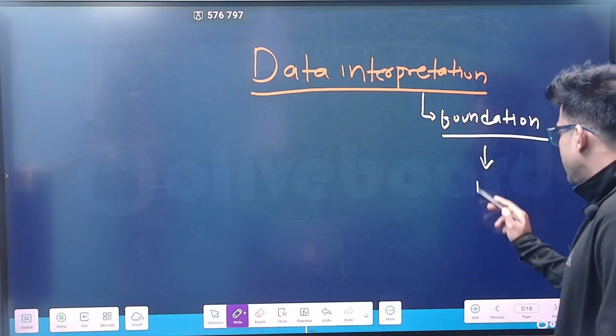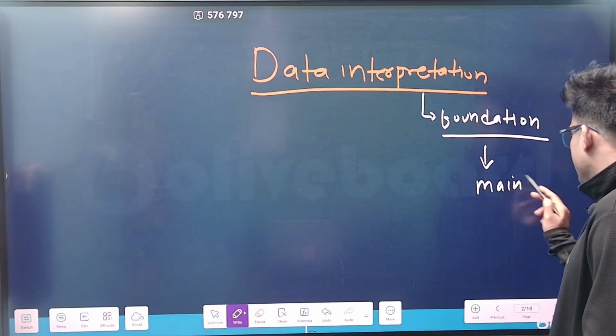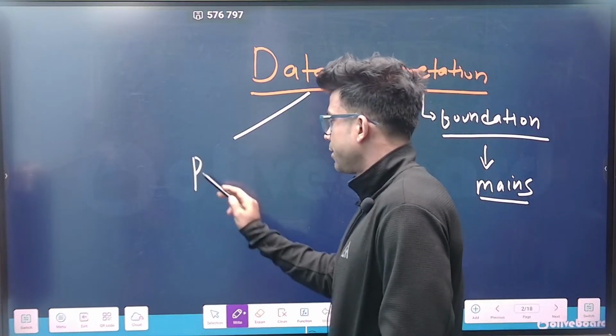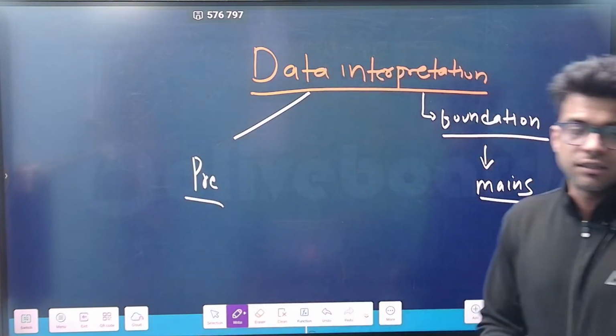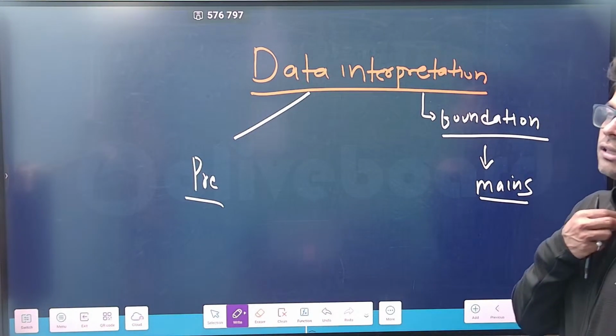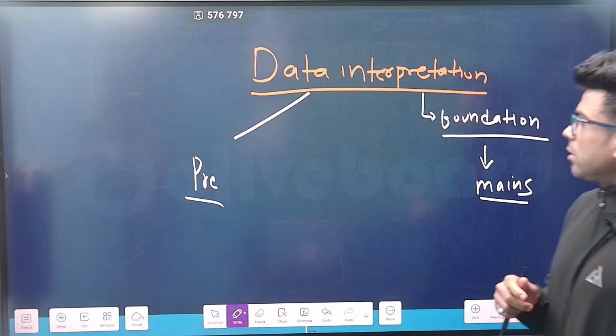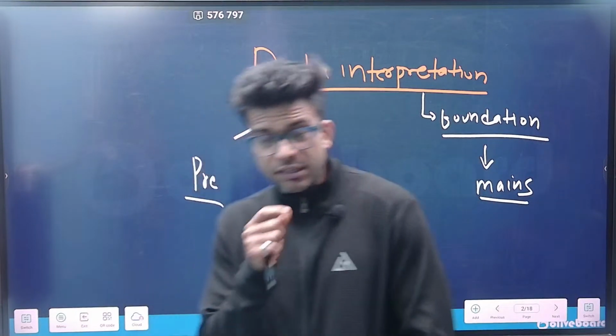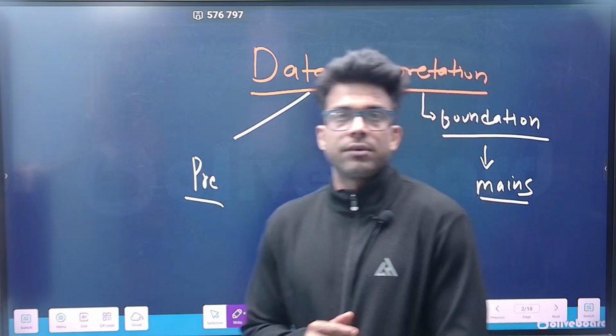DI is important for mains, and also for the pre-exam. You need to cover this whole chapter in such a way that you can solve any of the problems, and understand what kind of chapters are involved in data interpretation.